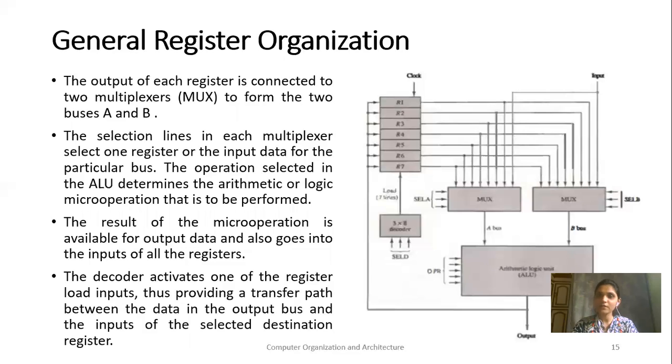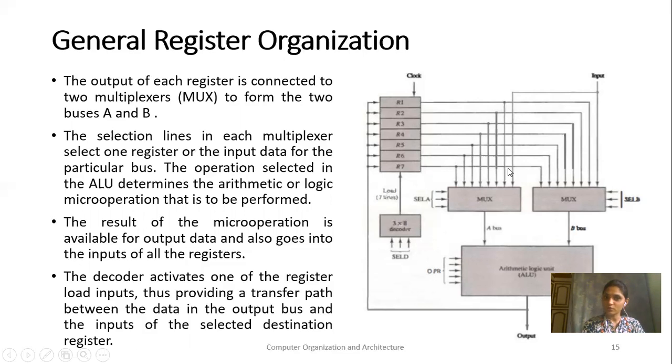For example, we can consider a system which has 7 registers, and how you can connect these 7 registers through the ALU by some kind of circuit. Let me see how the circuit is organized.